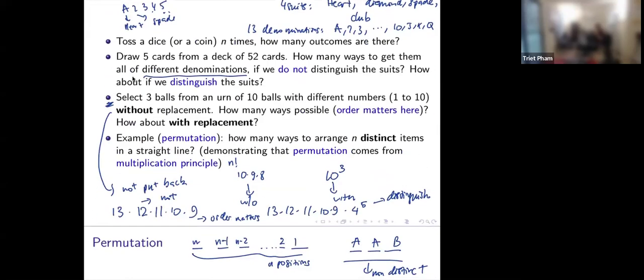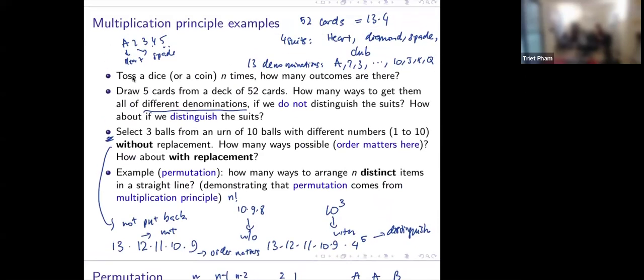The multiplication principle you can say is the mother of them all, meaning that all the principles can be seen as a consequence of the multiplication principle.